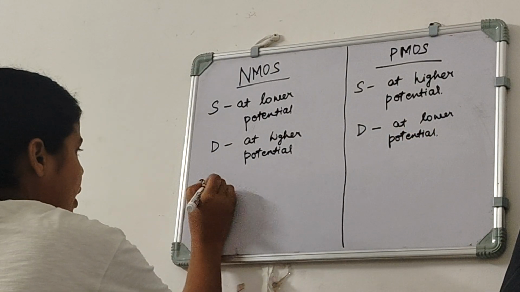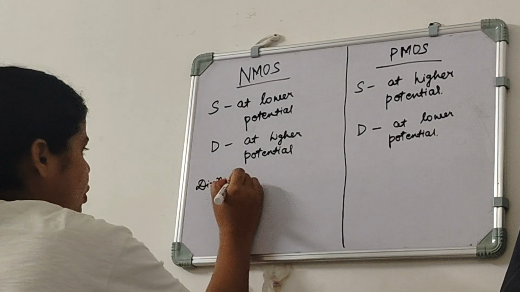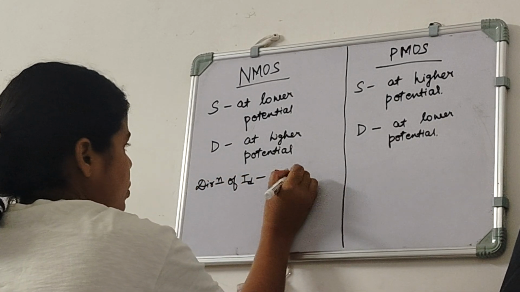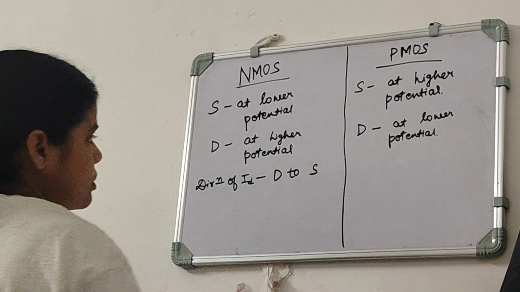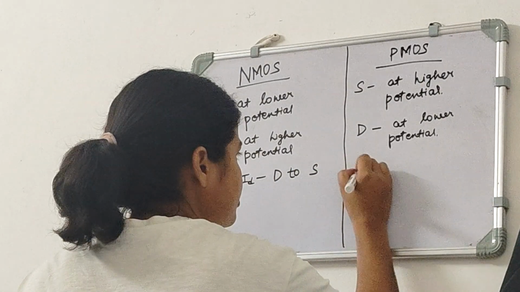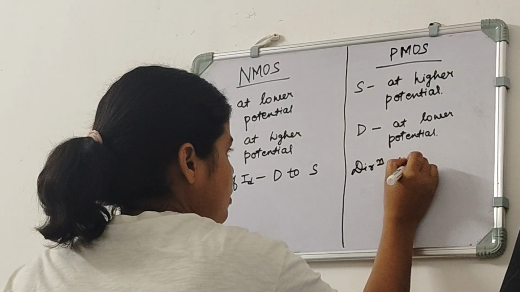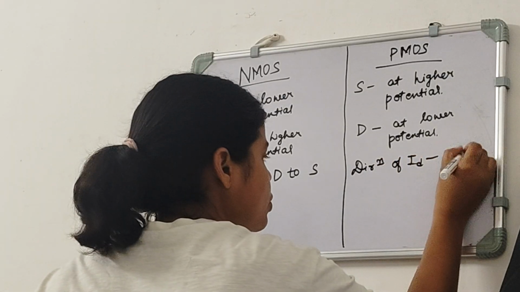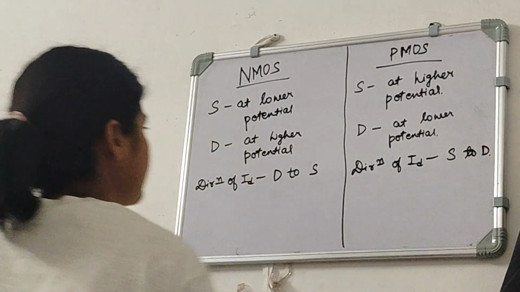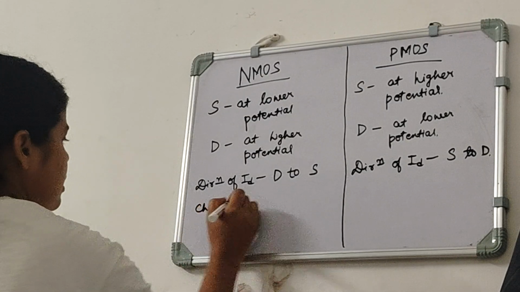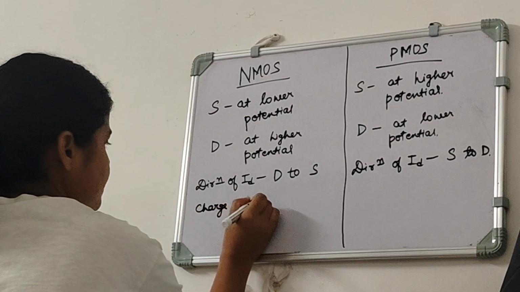And the direction of current in NMOS will be from drain to source, and the direction of current in PMOS will be from source to drain. Here our charge carriers are electrons.